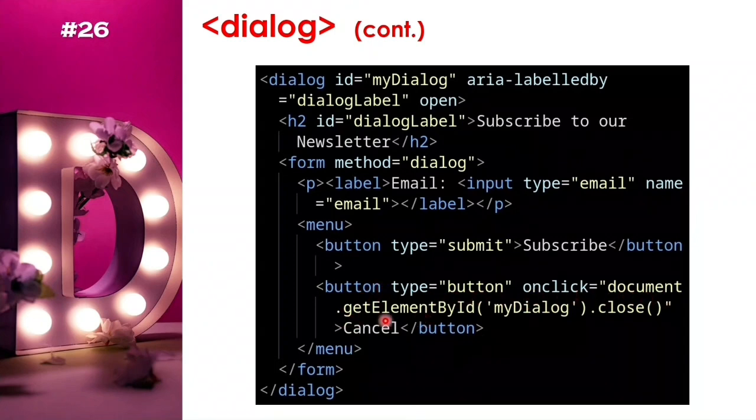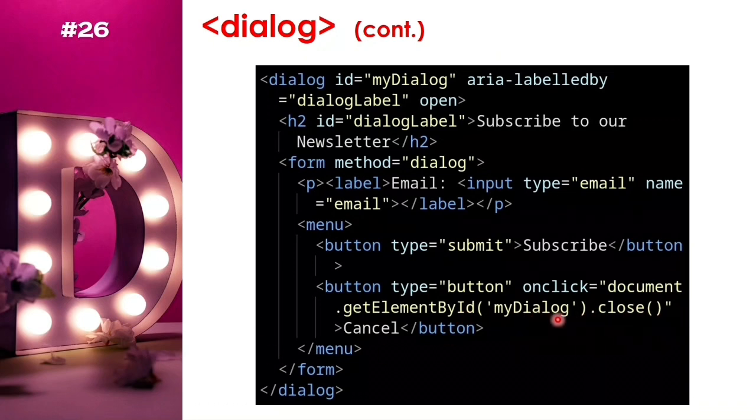On click, document.getElementById. So that's JavaScript, right? DOM, BOM, those. Or you can just check them up if you want. The ID of my dialog element is myDialog. Simple. So I can just say onclick document.getElementById dot close.